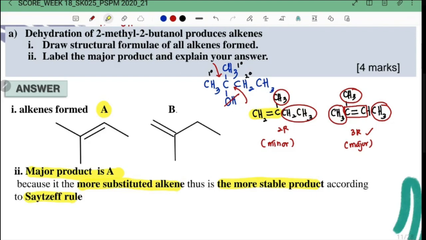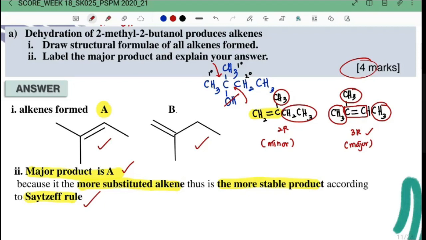So this is your explanation. So you mention this one is major, and then you have the structures A and B, and then the reason. Okay, for marks. Right, so we proceed.